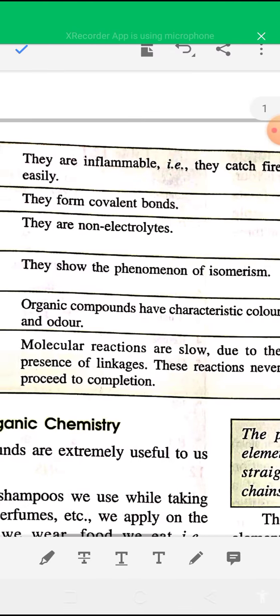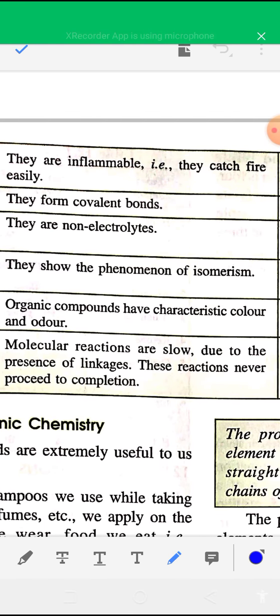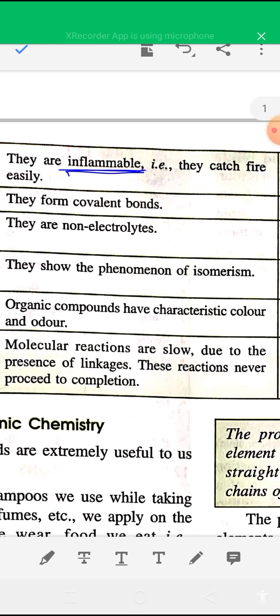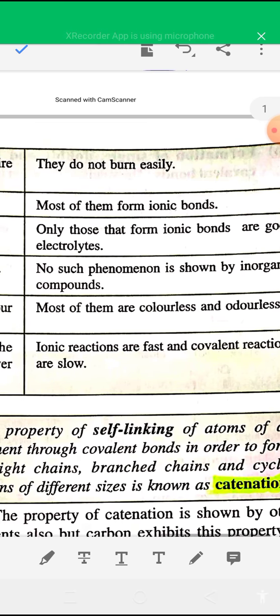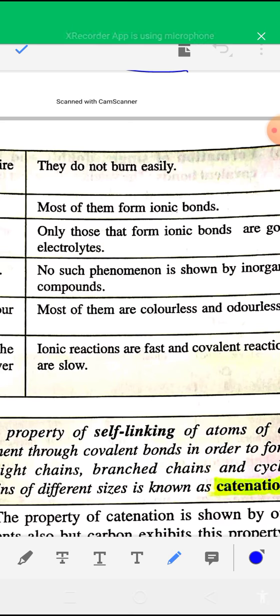Combustibility: organic compounds contain carbon, so they are inflammable. They catch fire easily, while inorganic compounds do not burn easily.